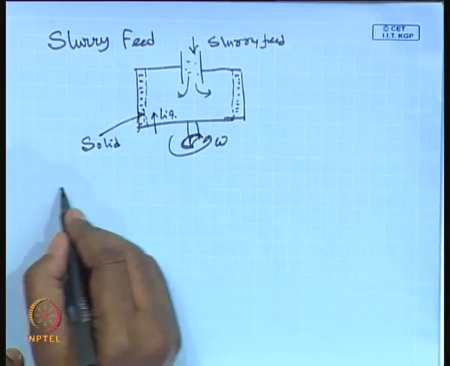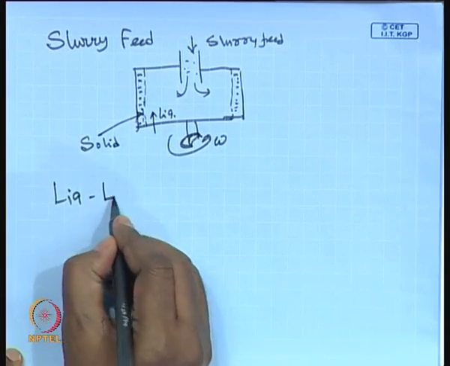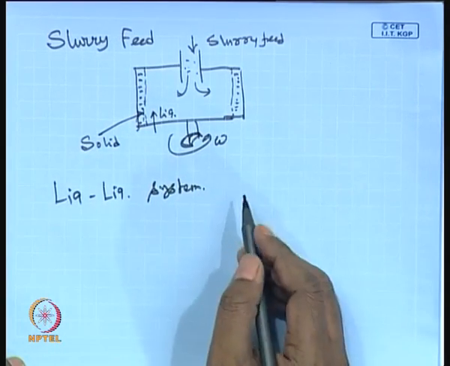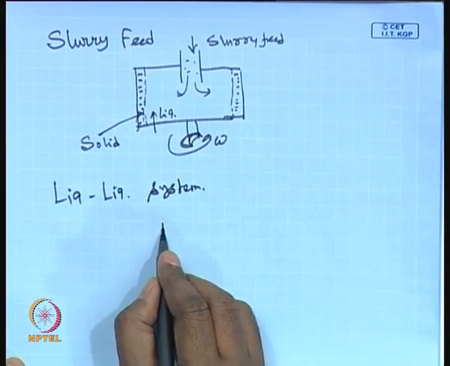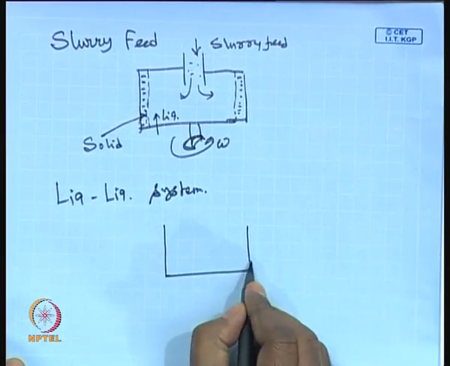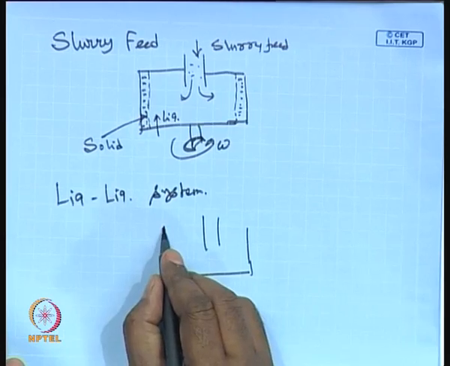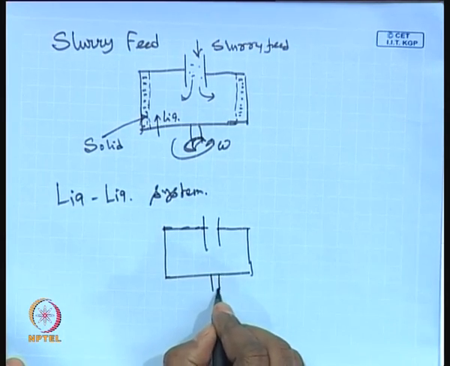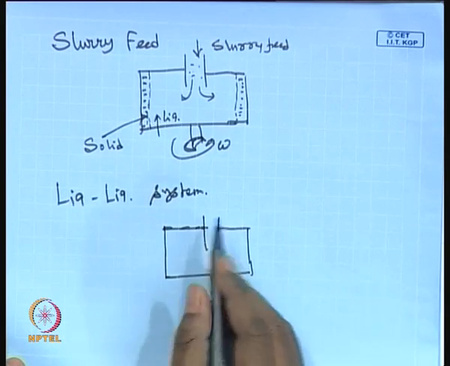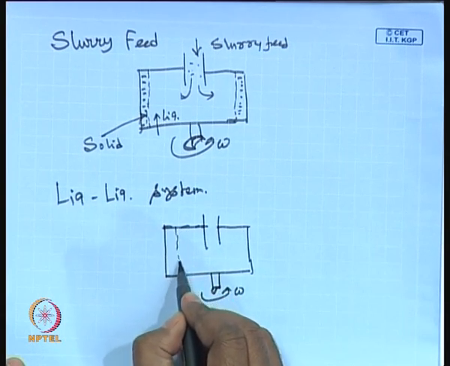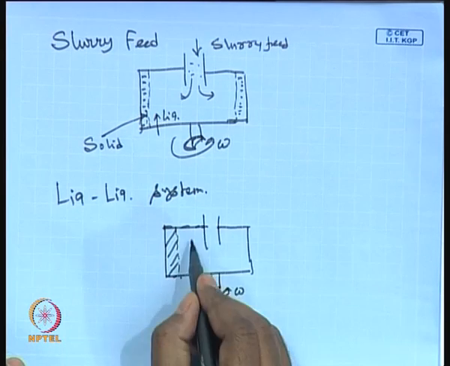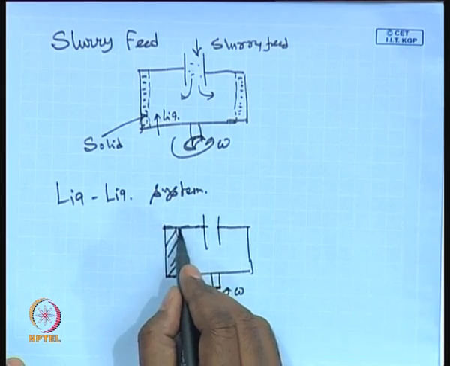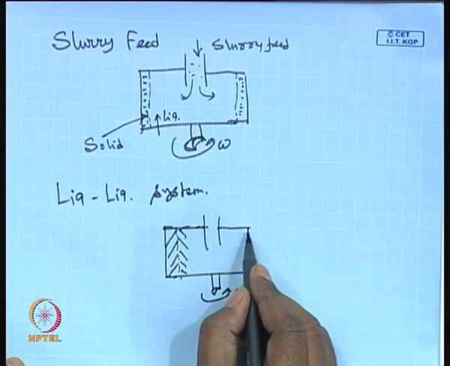In the case of a liquid system, we are talking of two liquids, one heavier, another lighter. The heavier liquid, having higher density, will be pushed towards the wall and will exist close to the wall, and you will have the other liquid on the other side.